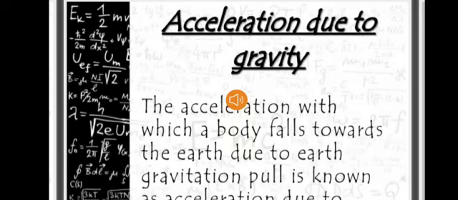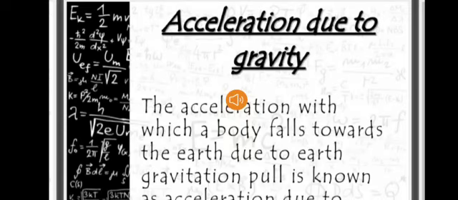So the acceleration experienced by the body of mass m, now acceleration is produced in your object because of the gravity. So small g is equal to F by m. Small g is the acceleration due to gravity. So small g is equal to GM by R square.